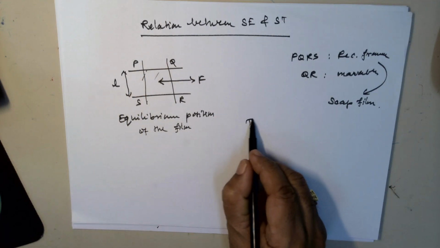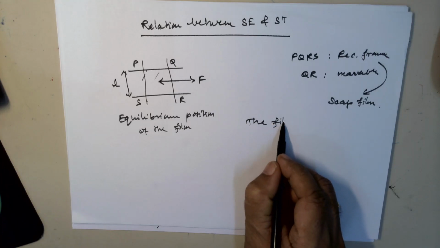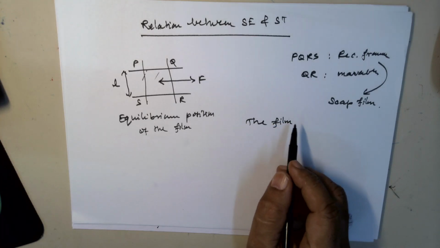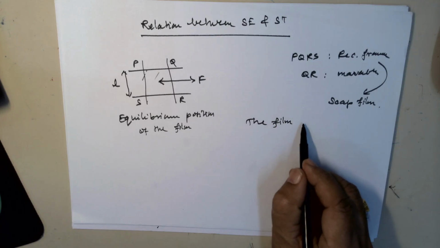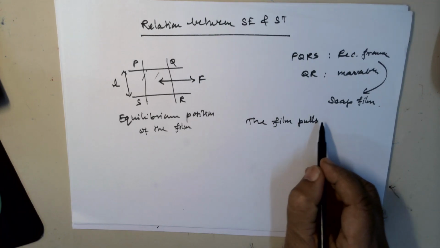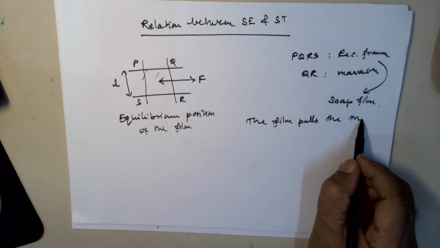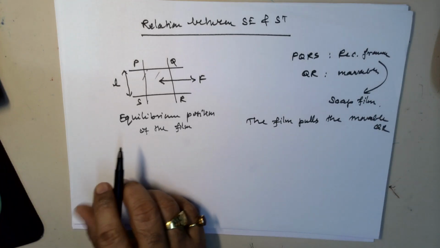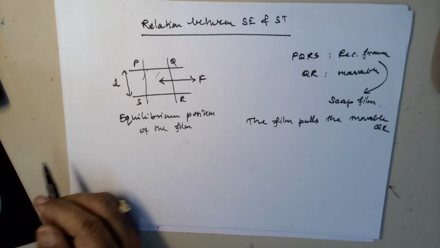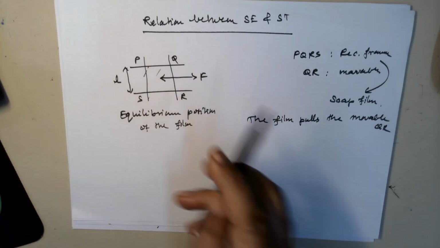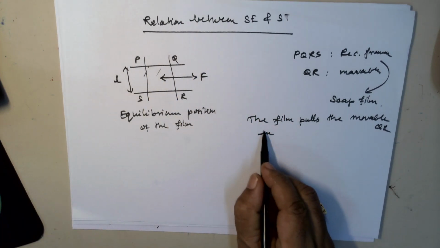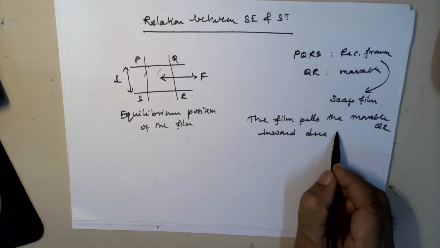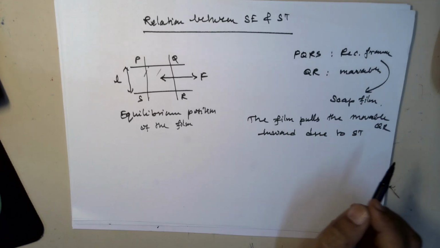Take down, the film pulls the movable QR inward, that is towards this direction, due to surface tension of the soap film.